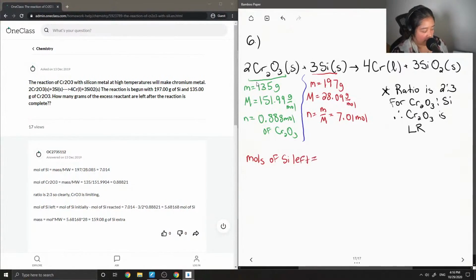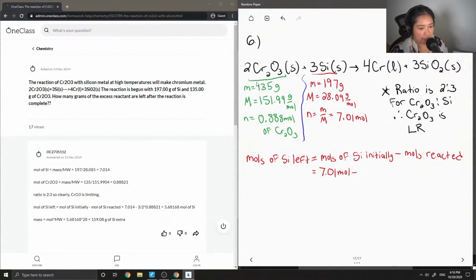And to do that, it's going to be moles of the silica initially minus however many moles reacted with the chromium oxide. So we know that it started off with 7.01 moles initially.